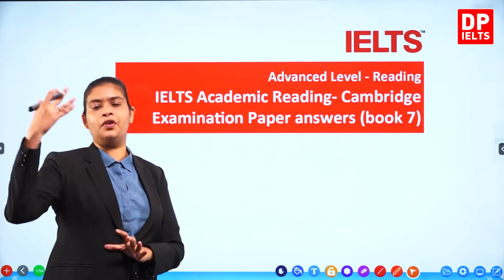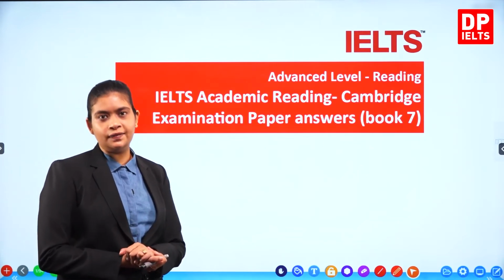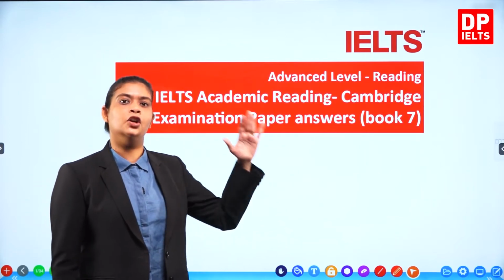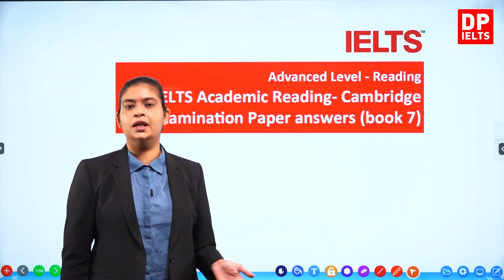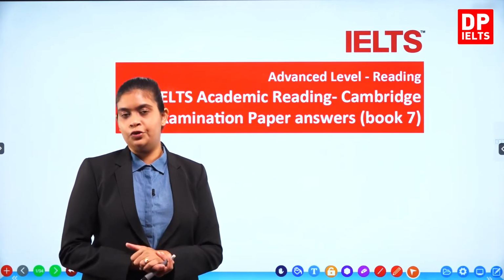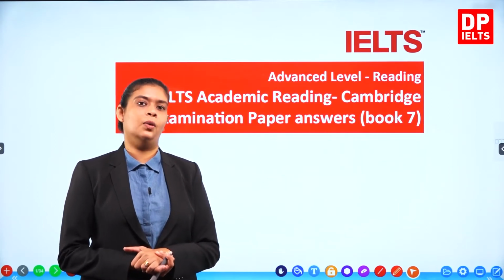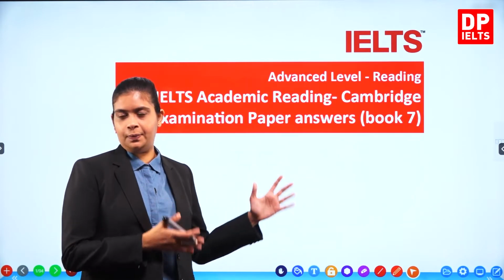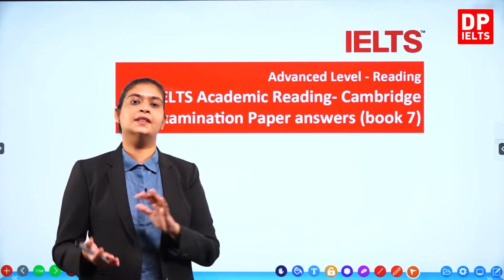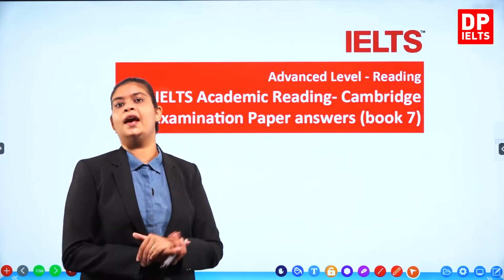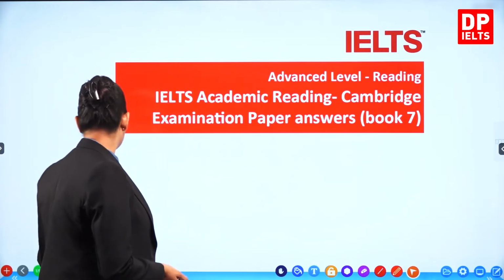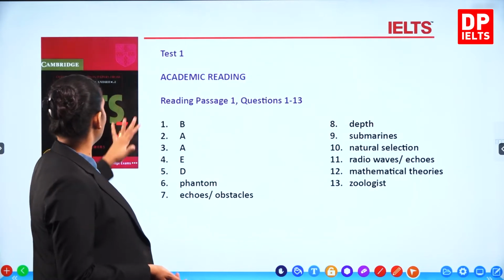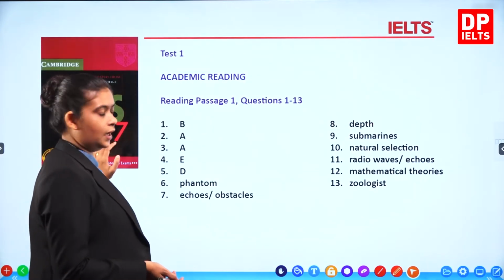It's not a paper, rather the entire book, and in that you have the listening, reading, writing and speaking. So you can download the book, and first you have the listening paper, then the reading, then the writing and the speaking. So you can have a look at the reading paper test 1, okay. So let me show you, this is how the book is.